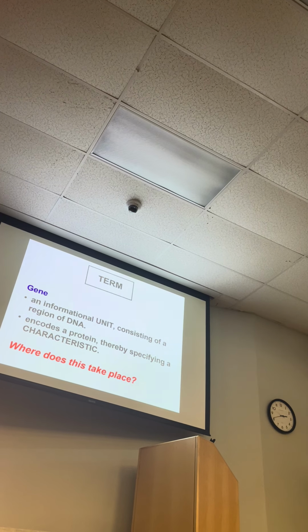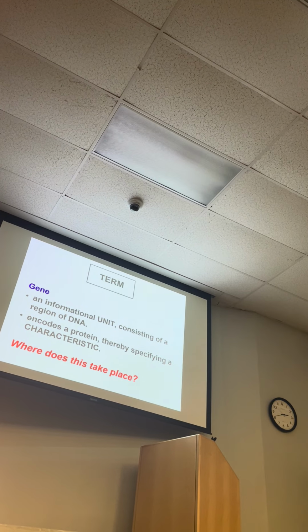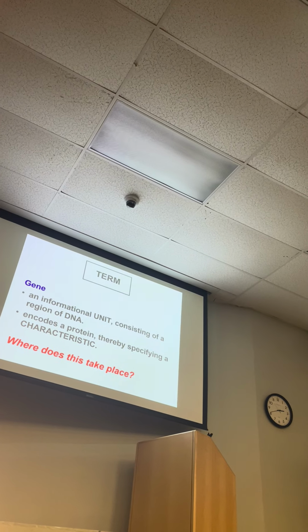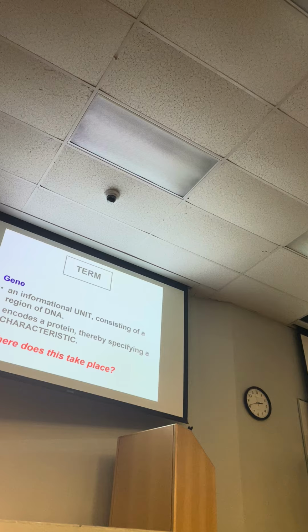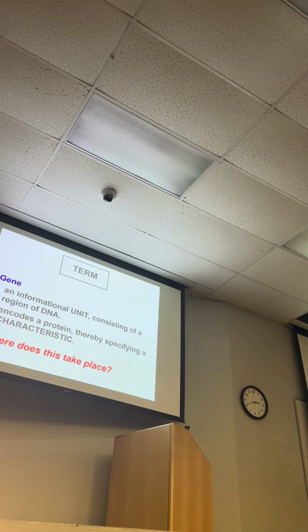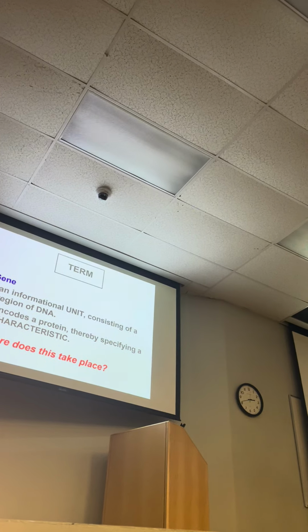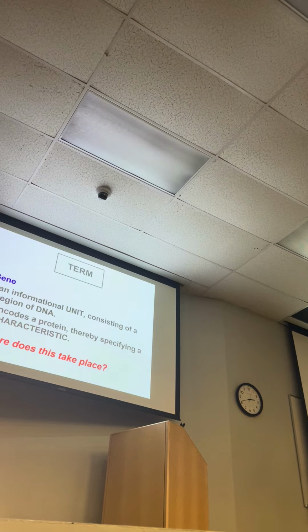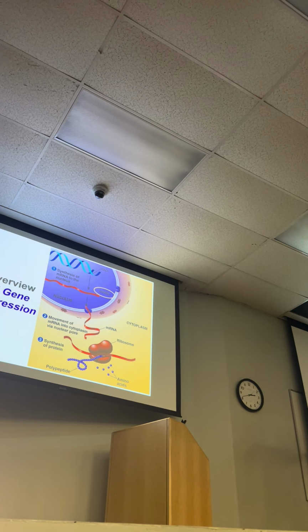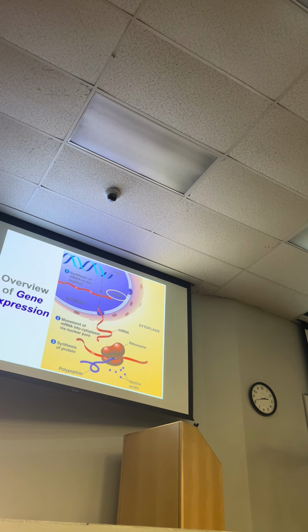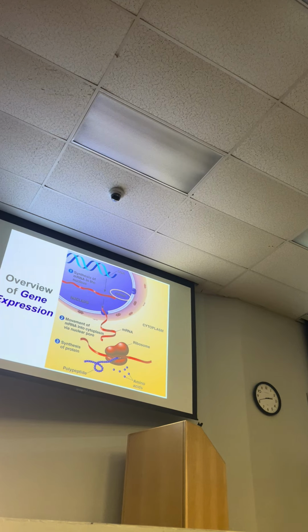So my question is, where does this take place? The gene encoding the protein. Where in the cell, how do you go from gene to protein? Don't answer. Here's the answer. So where's the DNA?